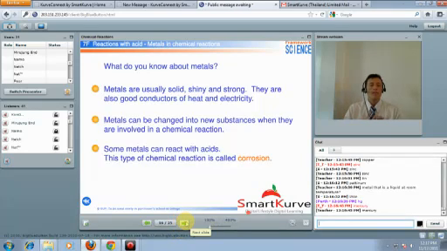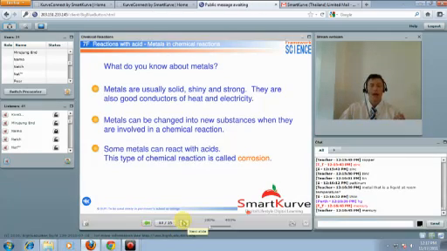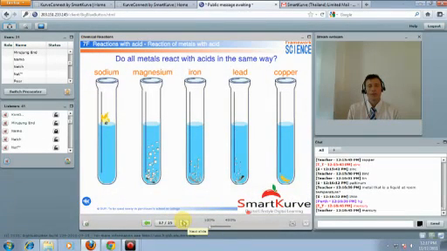All right, so metals can be changed into new substances. We already saw one good example, the rust. That metal, iron, bonding to oxygen to create iron oxide. So metals can be changed into new substances. That's an example of a metal bonding with oxygen. When metals react with acids, this is called corrosion. Let's look at an example.